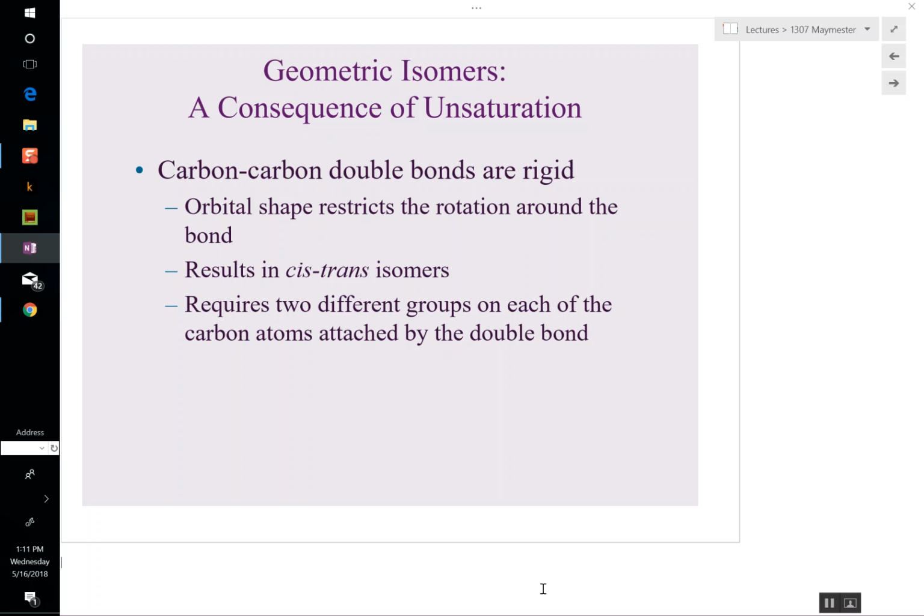This methyl group is across from this methyl group. Trans. Cis, iso means same, cis means same. Cis, same side of the double bond. So these are two different compounds. I would call that one trans 2-butene and this one cis 2-butene.